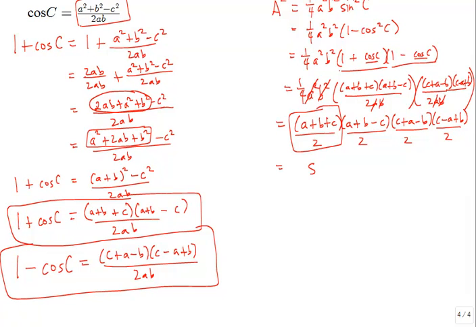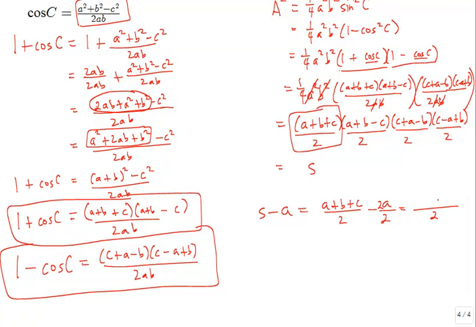So let's see why. If we take a look at semi-perimeter minus a, for example, that would be (a plus b plus c) all over 2. That's what S is. And then we would want to subtract a from that. We can't subtract these two things until we get a common denominator. So let's turn this a into 2a over 2. Now I have my common denominator of 2.